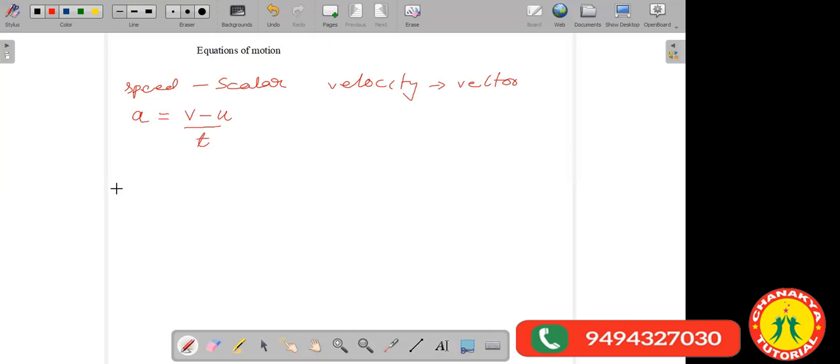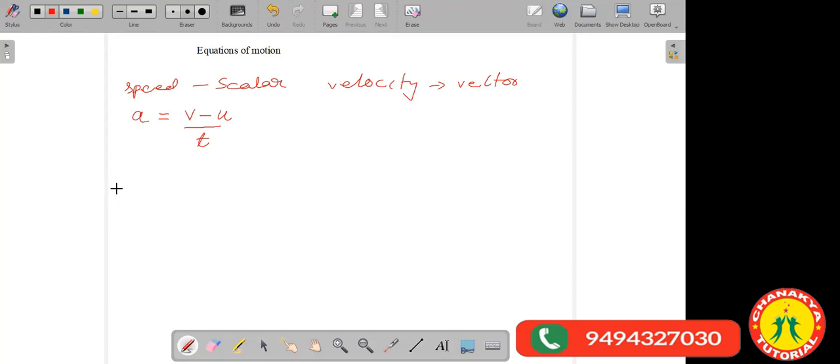See, acceleration can be positive also, it can be negative also. What do you mean by a positive acceleration? Sir, negative acceleration means in which initial velocity is more than final velocity. Yes. A negative acceleration means if initial velocity is more than the final velocity.